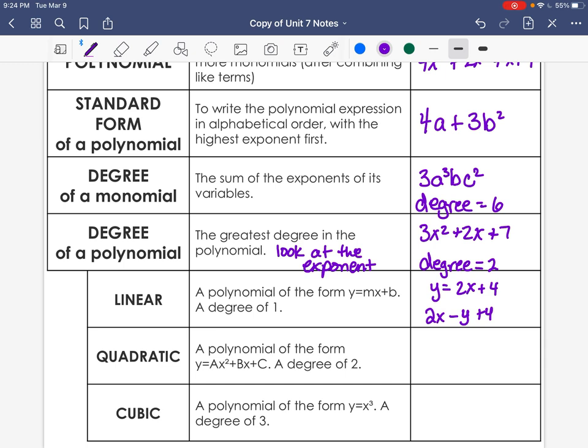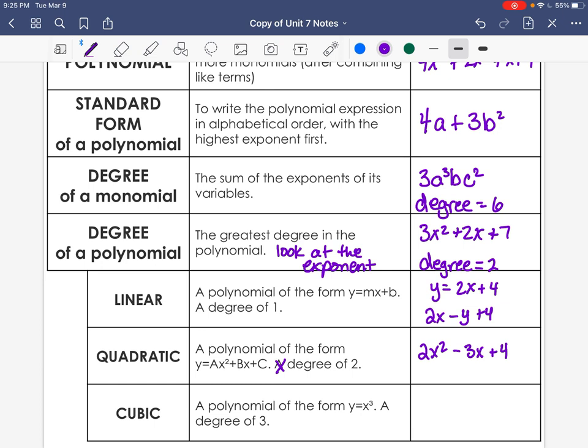Quadratic is a polynomial of the form y equals ax squared plus bx plus c, and a has a degree of 2. Actually, a doesn't have a degree of 2. X has a degree of 2. So a, the coefficient, isn't the one with the degree. So just like we wrote on several of these before, we could have 2x squared minus 3x plus 4.